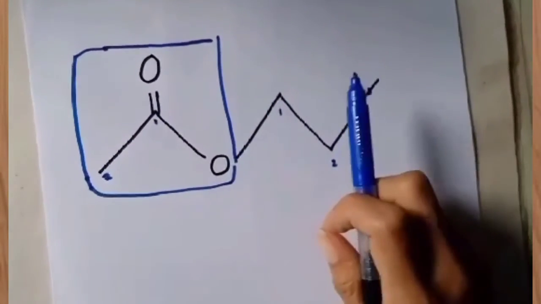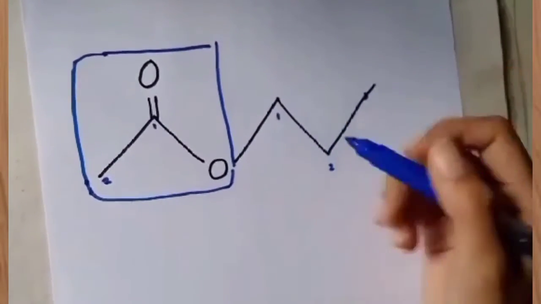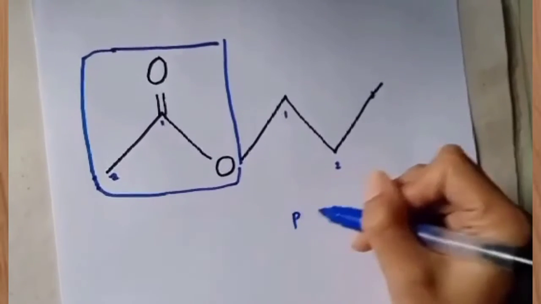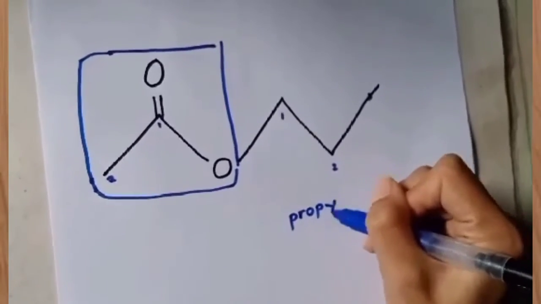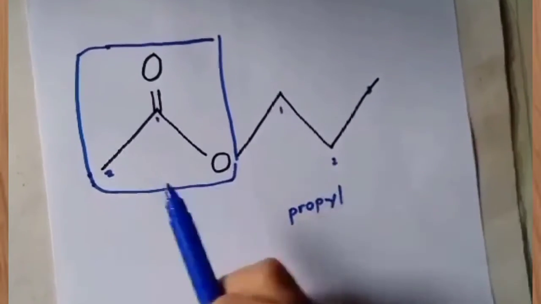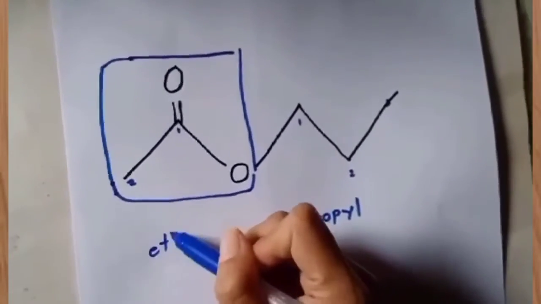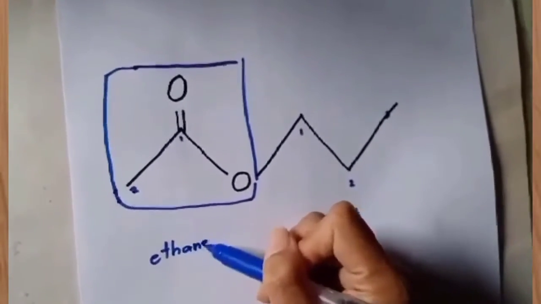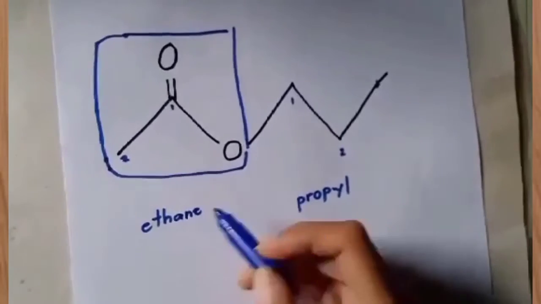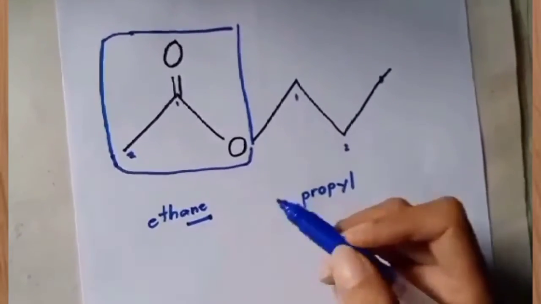Now, the 3 carbon atoms on the right are named propyl. And the 2 carbon atoms on the left is ethane. Now change the suffix "ane" to "oate".